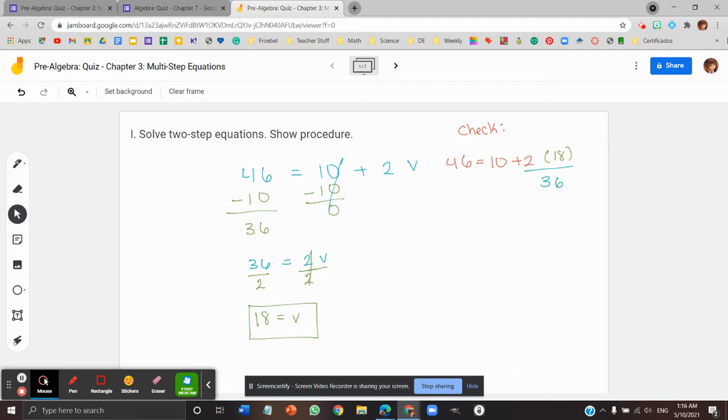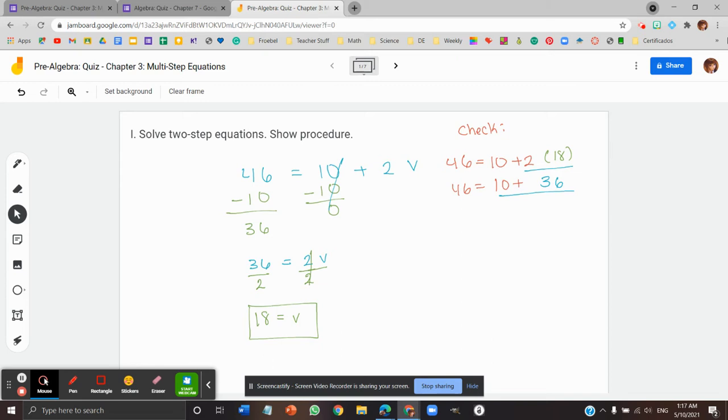What do I have left? Well, I still have left my 10 plus 36 equals 46. And again, I'm just trying to figure out if both of the sides are the same. Now I can add them. I don't have a multiplication, I don't have a division, so I can add or subtract from left to right depending where they are.